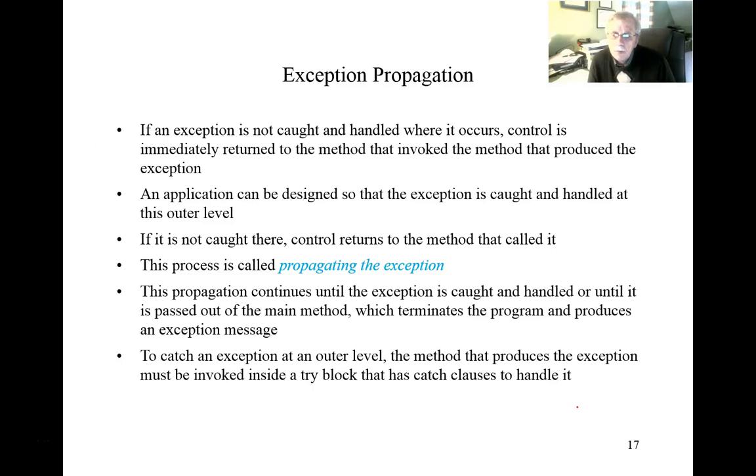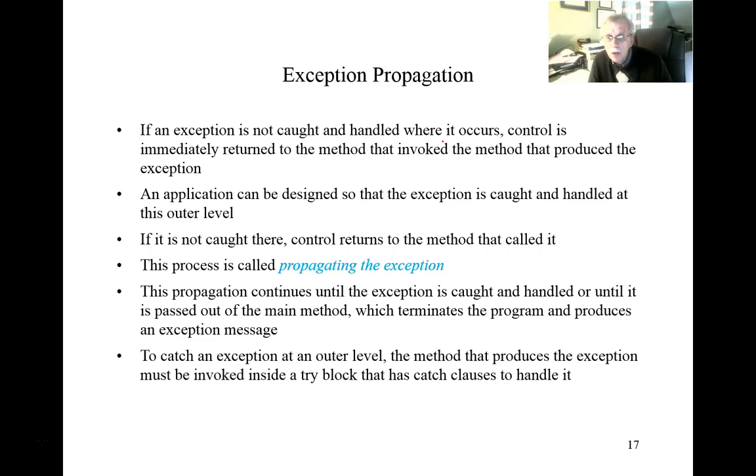There's a concept that we also want to understand here called exception propagation. If an exception is not caught and handled where it occurs, then what happens is it becomes the responsibility of the routine that invoked the routine that caused the exception to occur to deal with that exception. Hopefully that makes sense. So the point is, if you execute a block of code and an exception is thrown and you deal with it, it's just as we've described thus far.